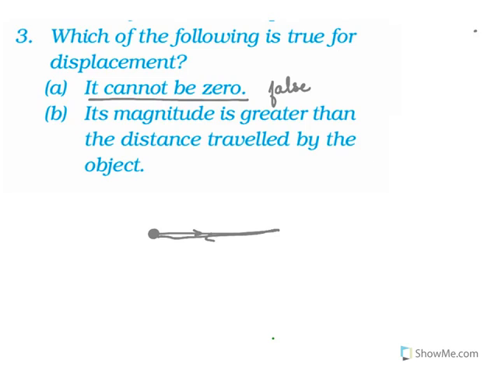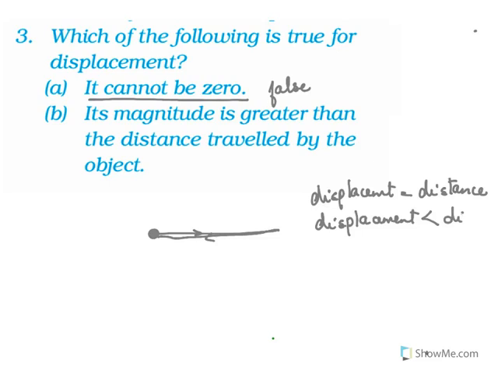Displacement can be 0. Its magnitude is greater than distance. Now remember, displacement can be equal to distance if an object is traveling in the same direction, or displacement could be less than distance, but displacement will never be greater than distance.